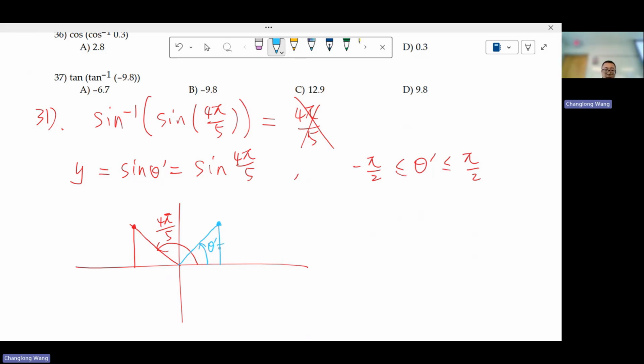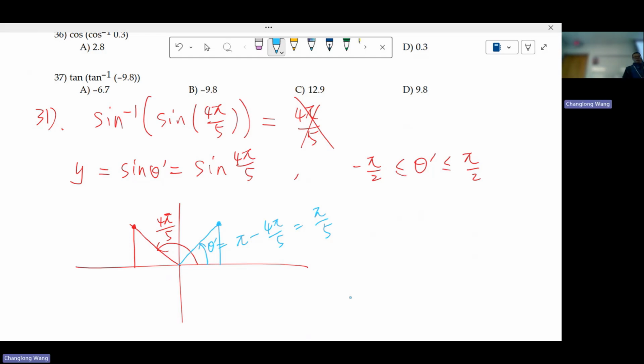It must be pi minus 4 pi over 5, right? It will be pi over 5. But quite a few students realize, oh, isn't that just the reference angle of 4 pi over 5? Yes, that's why we call it theta prime. But it does not always work out as a reference angle. It will be close, but not exactly always the reference angle.